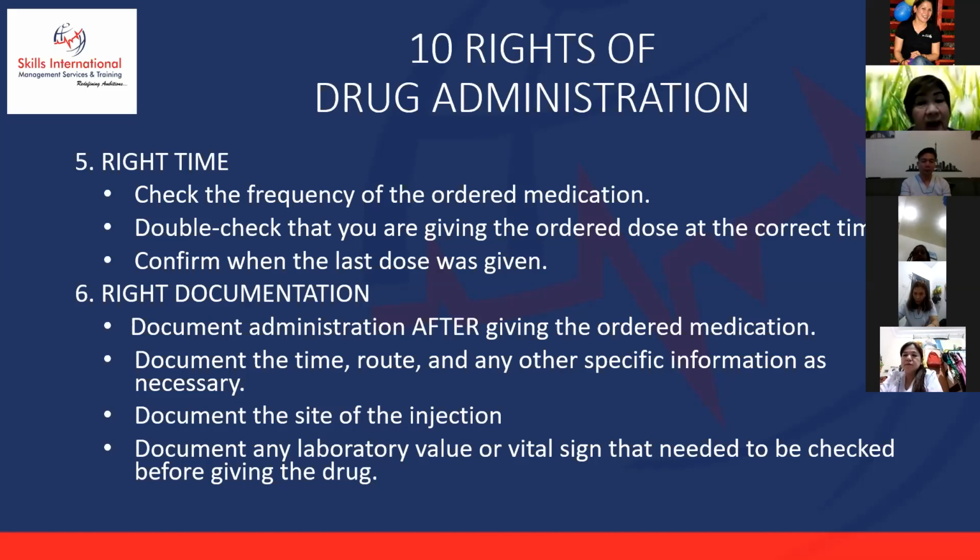So the same thing: hemoglobin 7, drug iron sulfate given 1 tablet at 7 o'clock. This is how you are going to document. Okay? So this is the right documentation.